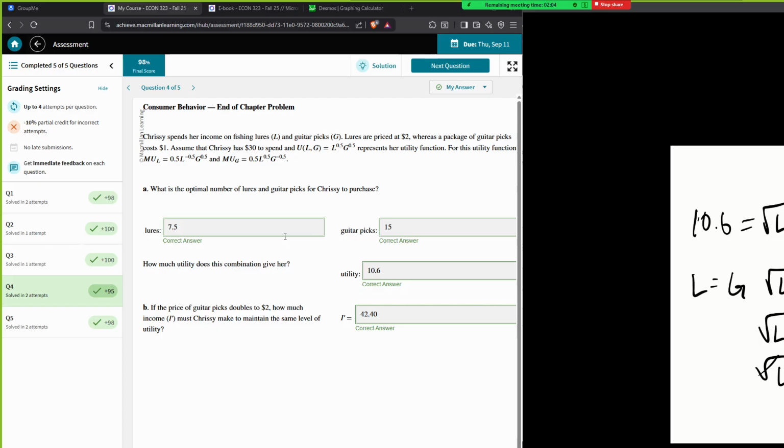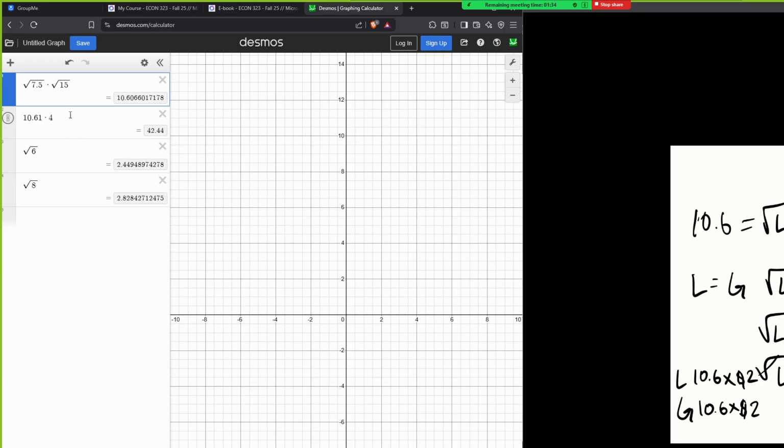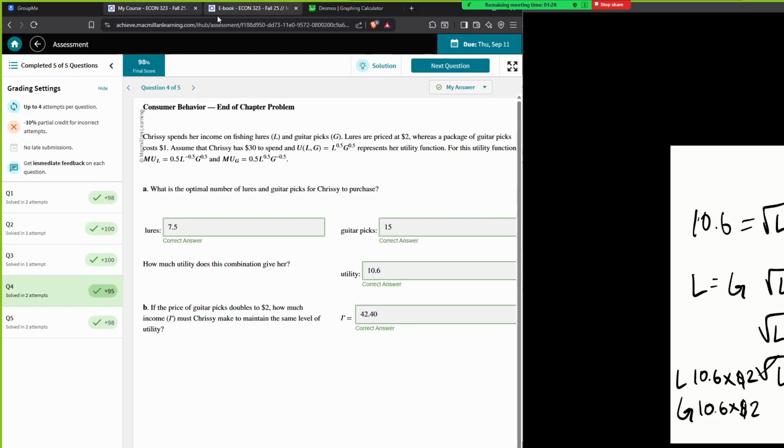So what is L? L is the amount of lures that I'm getting. And since L is equal to G, then G is also 10.6. Okay. So if I'm getting 10.6 lures, and they're getting charged $2 for them, and G is 10.6 times $2 each, then you do 10.6 times 4, and then you get 42.4.